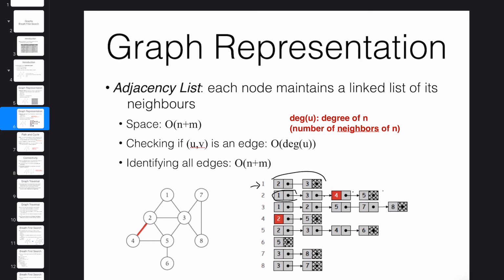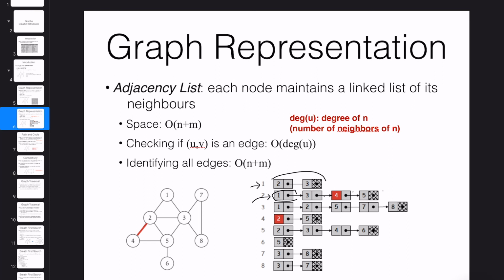But the bad thing about this one is that if you wanted to check if there is a connection from one node to another node, you have to search in the linked list. For example, if you wanted to see if there is a connection from node 2 to 4, you have to start from the beginning of the linked list corresponding to the node 2, and check all the nodes until you find the vertex that you are looking for.